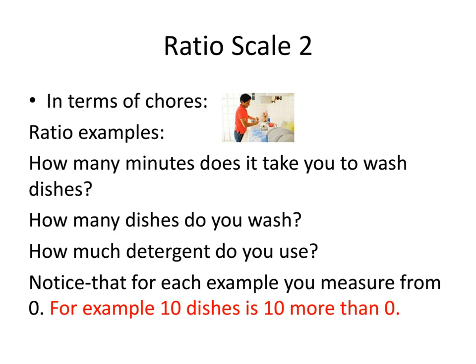The same thing with dishes. So for example, if you said that you completed 10 dishes, we'd know that 10 dishes is 10 more than 0 because we started counting at 0. Same with how much detergent you used. So if we think about the amount of detergent you use, let's say you used a quarter of a cup. Well, you started from 0. So again, 0 is very important in this example.